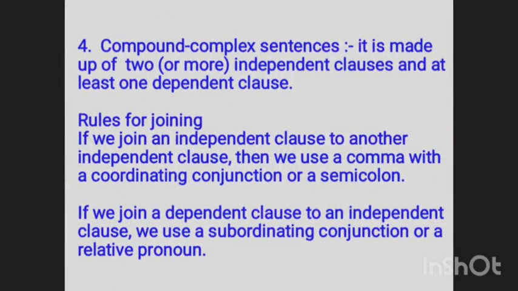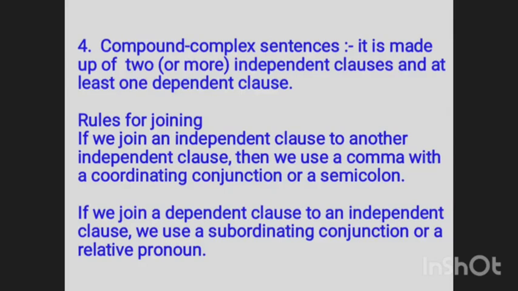So let's move on to the next one. We have number 4, the compound-complex sentences. Now it is made up of 2 or more independent clauses and at least 1 dependent clause. Now there are some rules that we can use to identify compound-complex sentences.